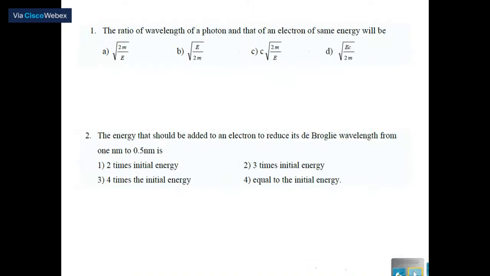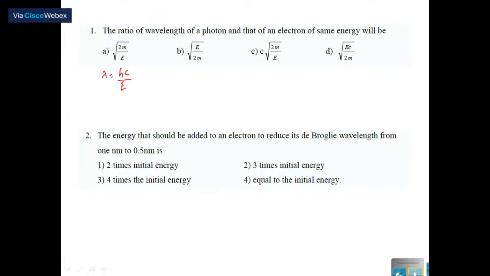The ratio of the wavelength of a photon and that of an electron of the same energy. The rest mass of a photon is equal to 0, whereas the rest mass of the electron is not equal to 0, and E is equal to mc squared. The wavelength of a photon, lambda, is equal to hc by E, or E is equal to hc by lambda.